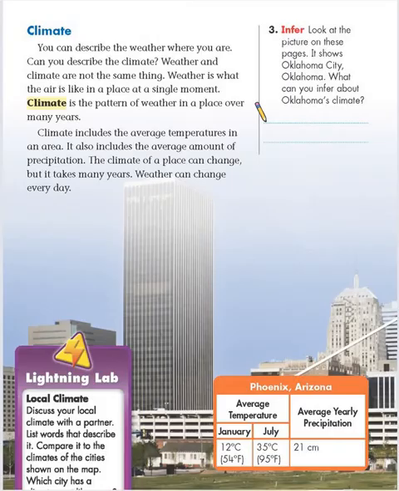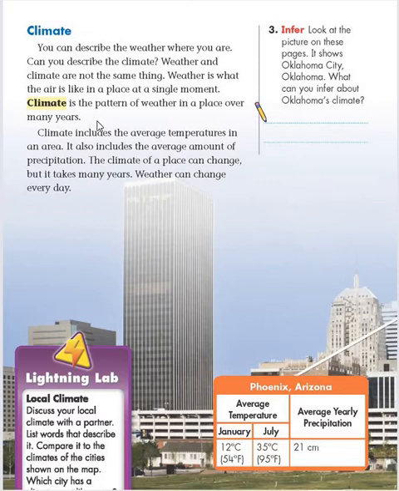After that, we will study the climate. Climate is the pattern of weather in a place over many years. So the climate cannot change from one day to another. For any place or country, the climate may change over thousands of years.